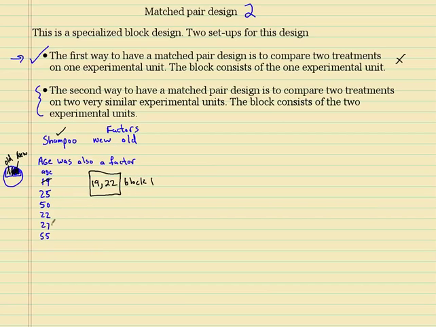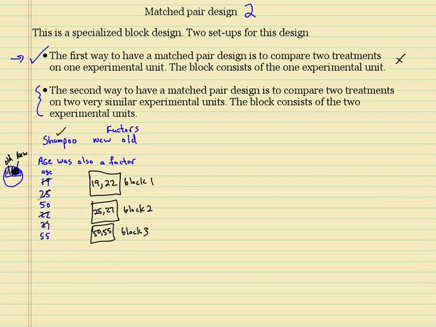Okay, so they're gone. And then I would go, 25 would go with the 27-year-old. That would be block 2. And the last one, the 50, would be in the same block as the 55. That would be block 3.